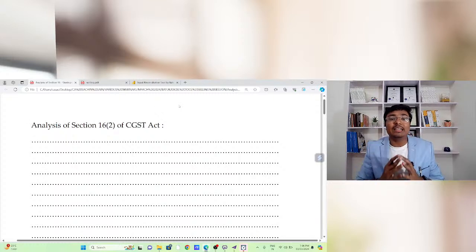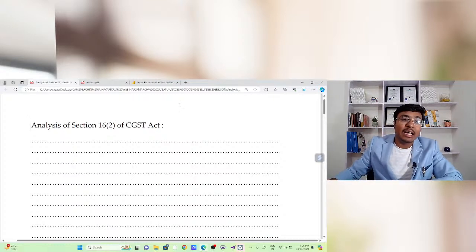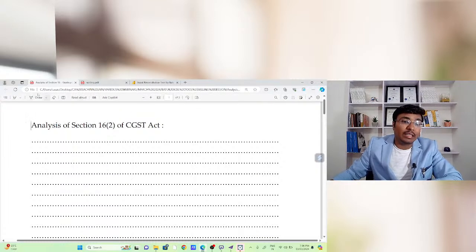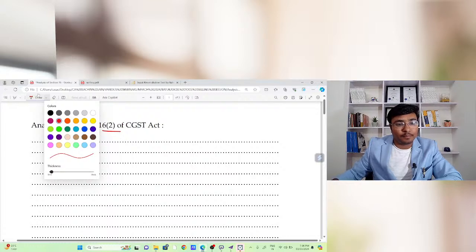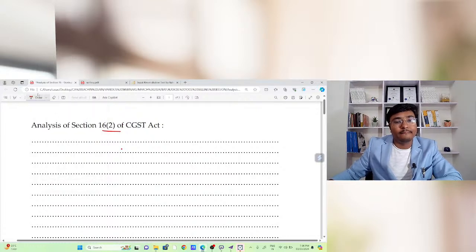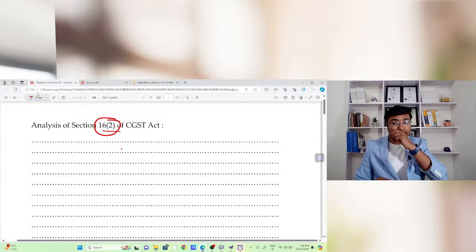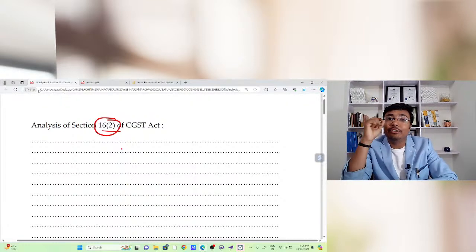Now let's start our discussion on this important subject, the eligibility of input tax credit. How can one decide the eligibility of input tax credit?